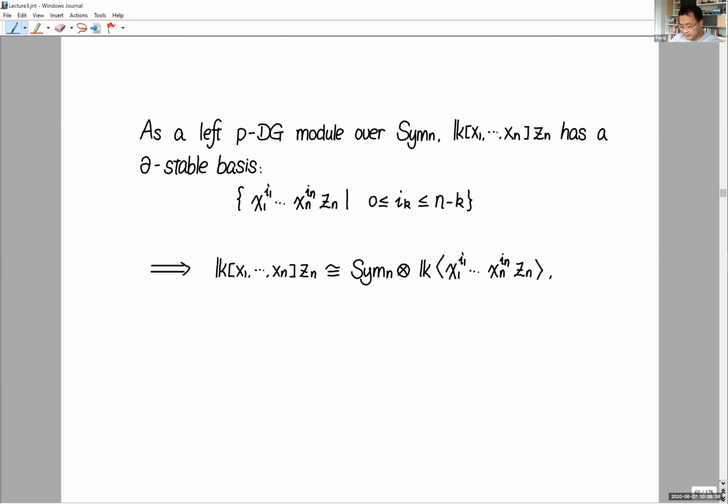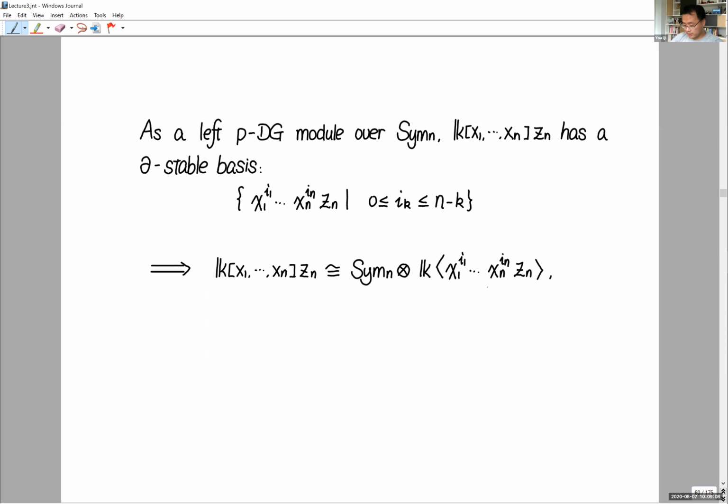And if you analyze the PDG structure, you have this tensor product decomposition. As a PDG module over the symmetric functions, it is isomorphic to the free PDG module Sym_n tensor this P-complex, which is spanned by this collection of basis elements.